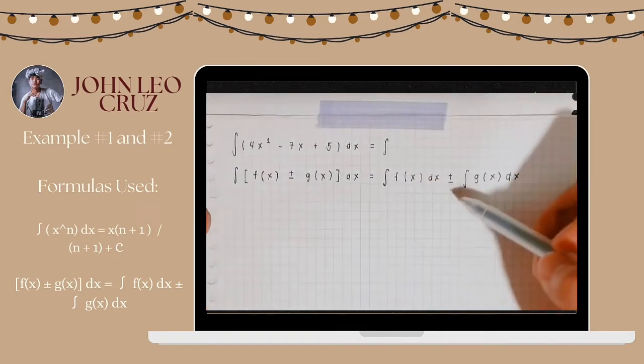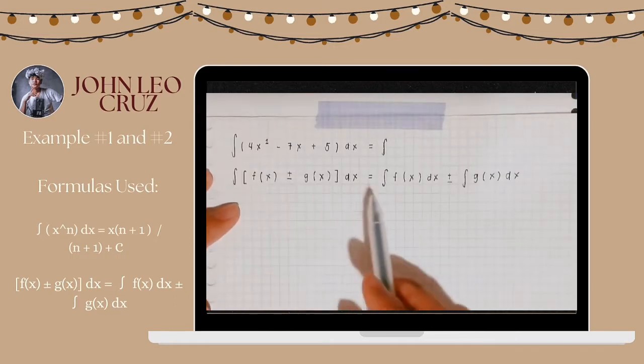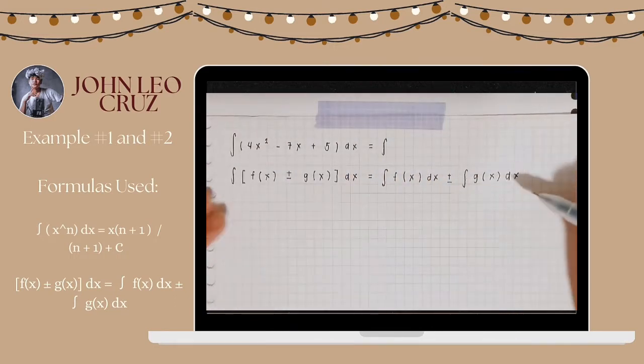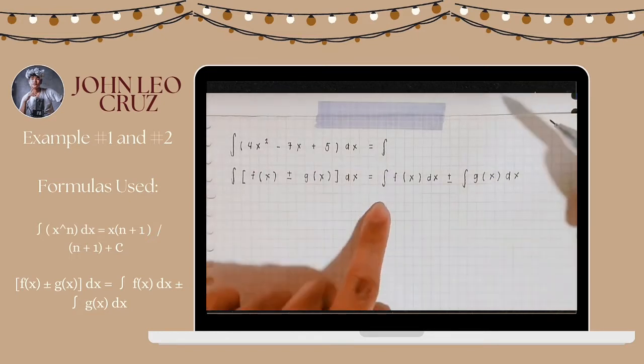So with our example, we can separate them by distributing the integral sign.